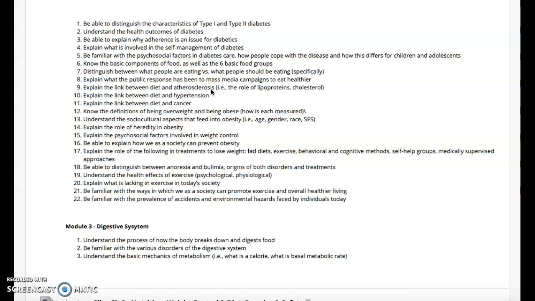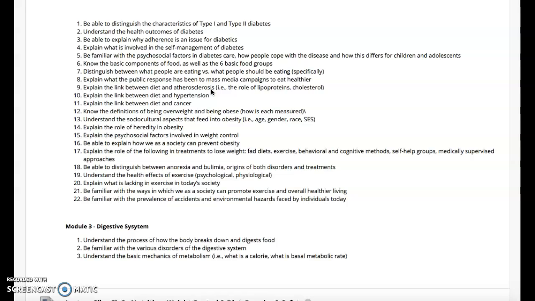Well, how do people respond to those kinds of media campaigns when it involves eating healthier? Are they successful? Are they not? Examples, reasons why. So be familiar with how that all operates.